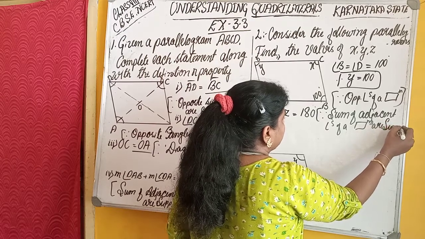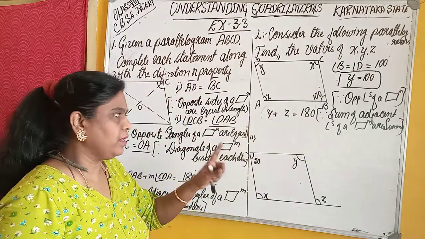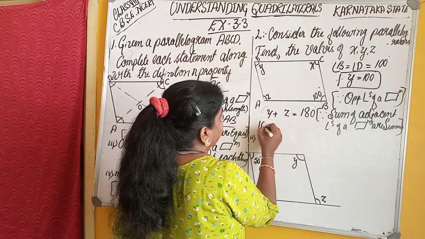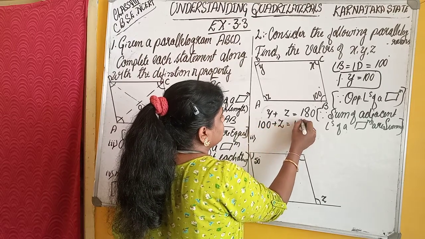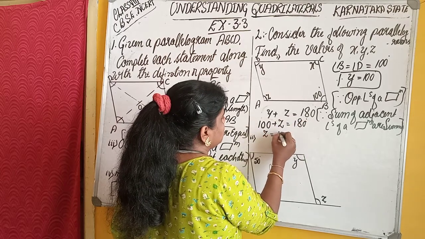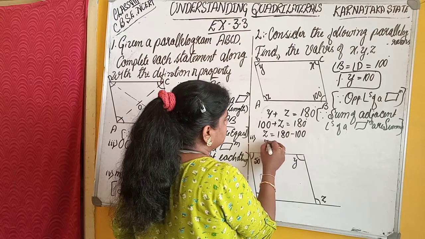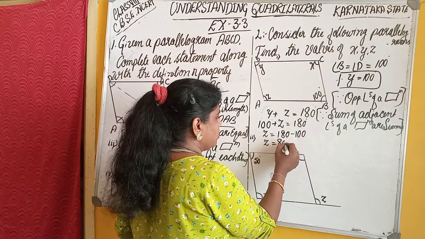That means if you add those two angles, we will get 180 degrees. We know the value of y. The value of y is 100 plus z is equal to 180 degrees. Therefore, z is equal to 180 minus 100, that is 80 degrees.